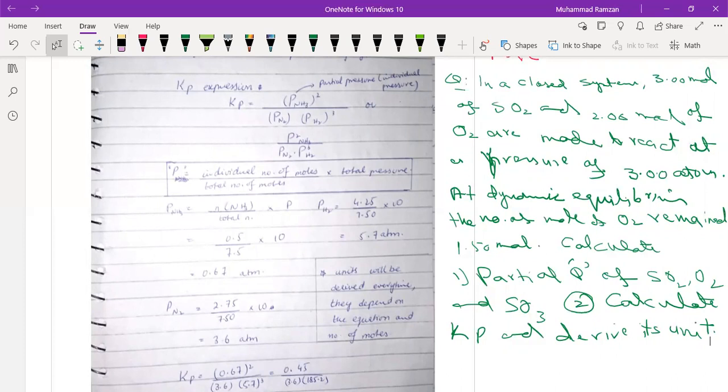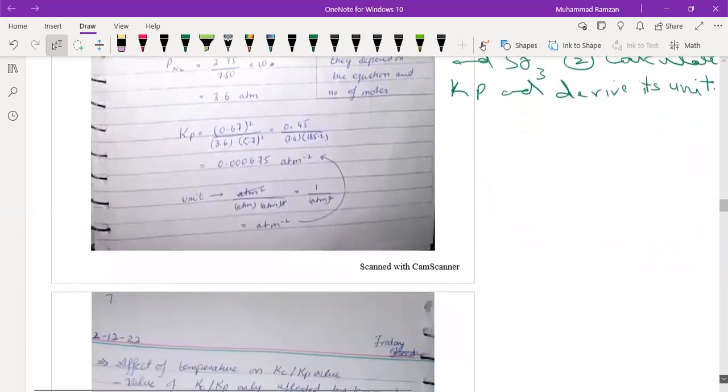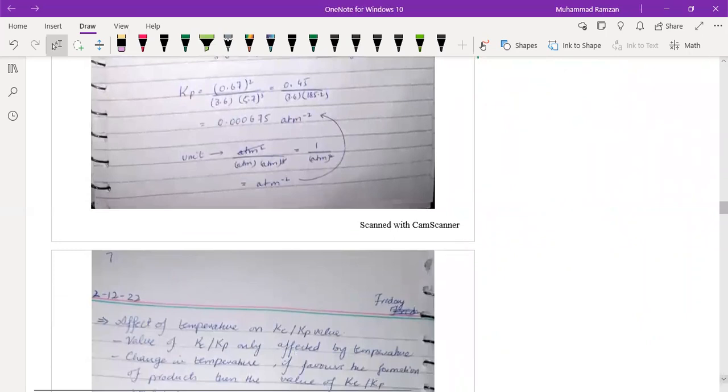And at dynamic equilibrium, O2 remained 1.5 moles. Now calculate partial pressure of SO2, O2, and SO3, number one. And number two, calculate Kp and derive its unit. Please do it, and you can attempt on the page I have shown.